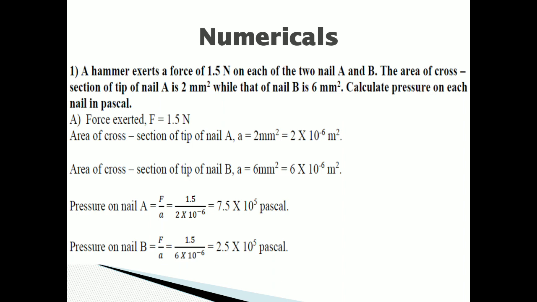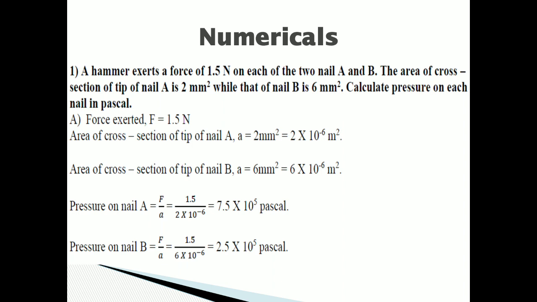Now pressure on the nail A. Pressure formula is what? Thrust upon area, means force upon area. Force is 1.5. Area is 2 into 10 raised to minus 6. This is the area of nail A. If you divide 1.5 by 2, you will be getting 0.75. So 0.75 into 10 raised to minus 6 is in the denominator.